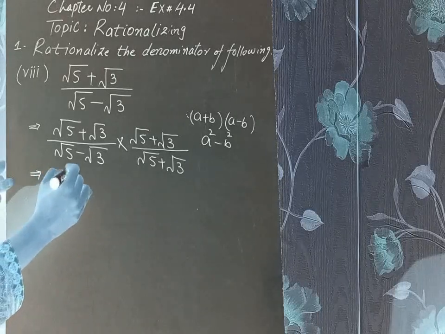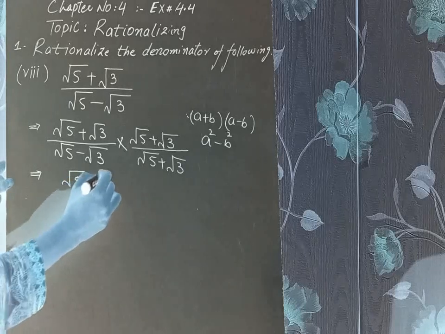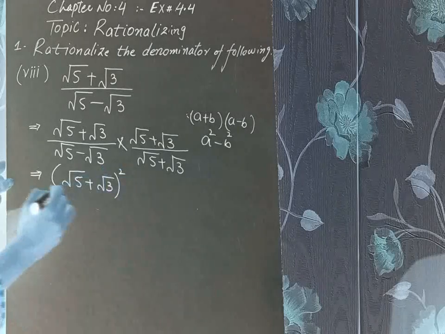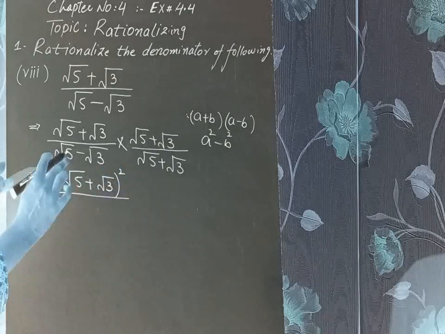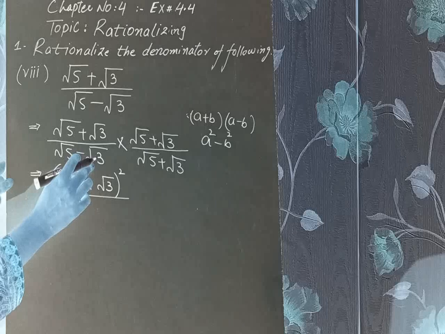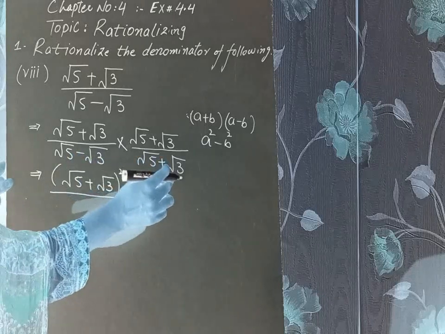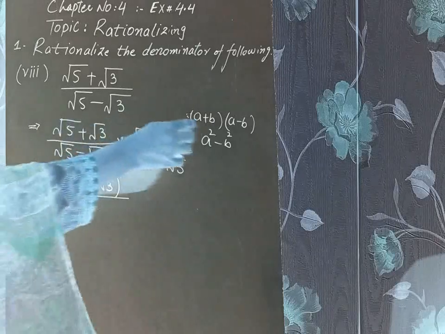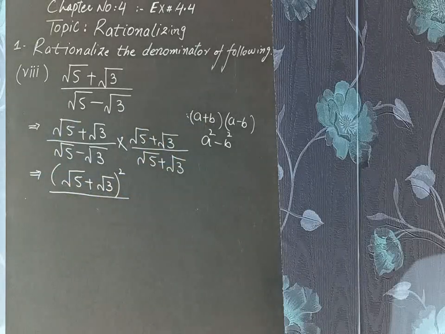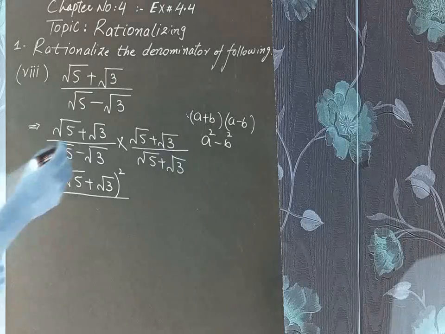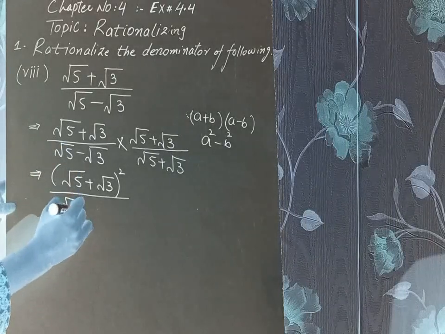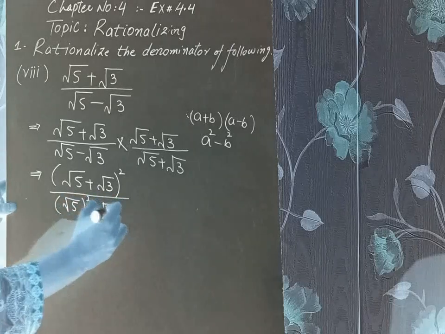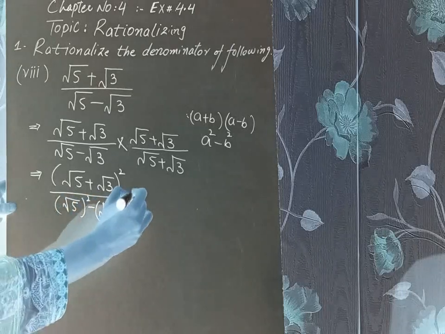I can write this as under root 5 plus under root 3 whole squared, divided by under root 5 minus under root 3 times under root 5 plus under root 3. We can use the formula again, a plus b into a minus b, that will be a square minus b square: under root 5 squared minus under root 3 squared.